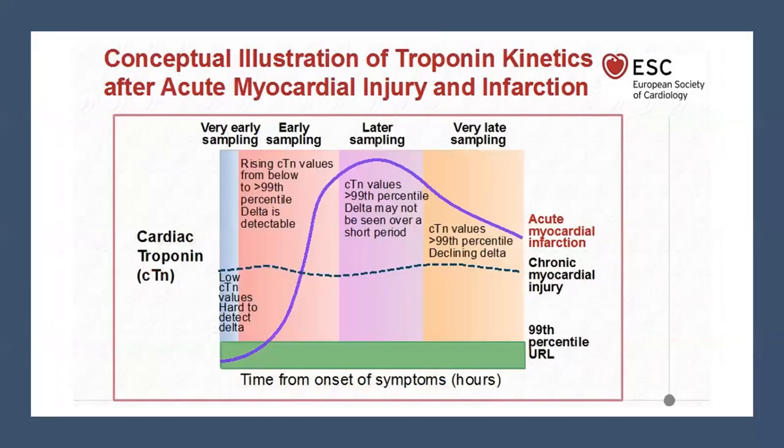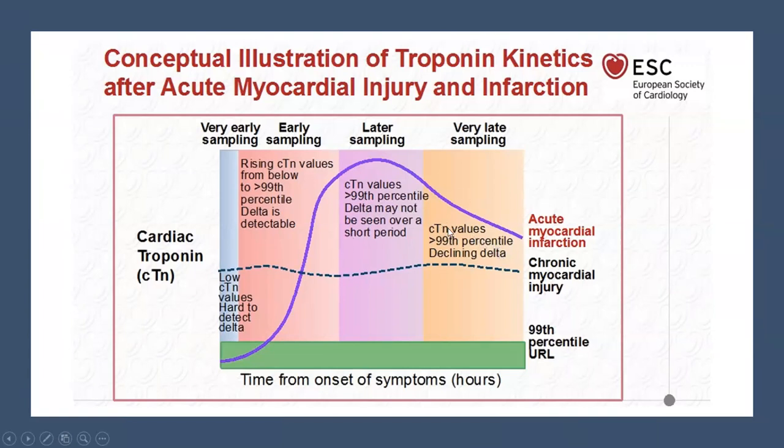So this illustration, I just put it in so that you can see the correlation between the time of onset of symptoms and the rise in your troponin levels. If we look at the solid purple line, you can see that initial rise in your troponin levels, and then, like we said, according to the definition, there must be a level more than the 99th percentile, and then a slow decline in your level.